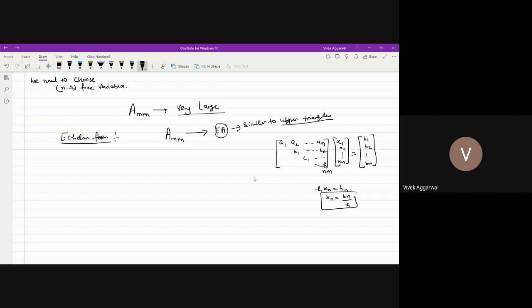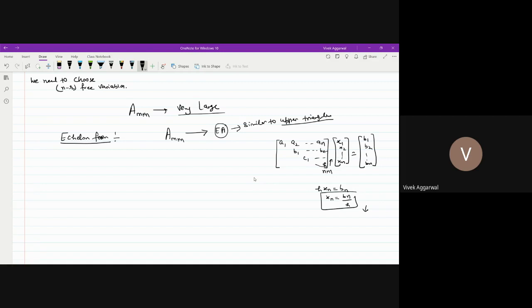So I am able to find xn. Then the previous equation will give me xn minus 1. Going further in this way, I will be able to solve the system and find all the variables. This is possible because our matrix is an upper triangular matrix.